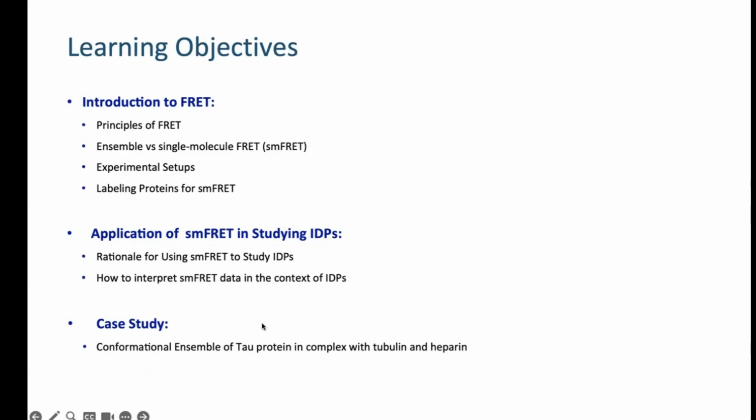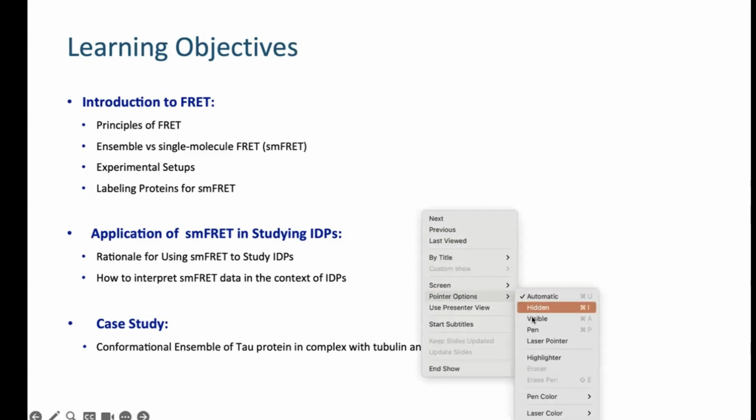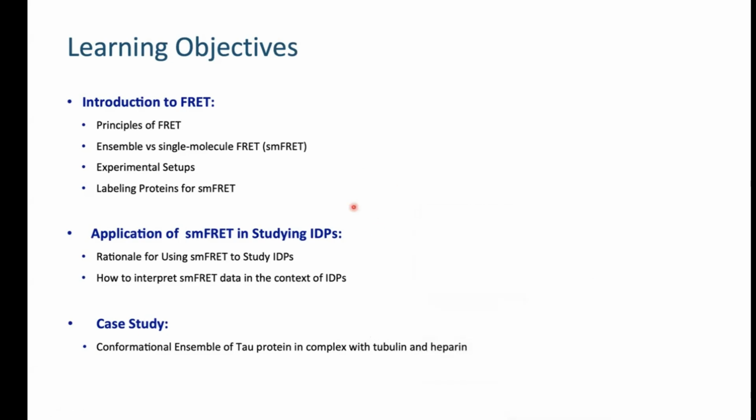In this case, I use single molecule FRET to determine the conformational ensemble of tau in complex with soluble tubulin, its biological partner, and also to contrast, for example, when tau binds to heparin, that is an aggregation inducer, and show how powerful this method is to actually characterize aggregation-prone proteins, in this case, and the functional states. So I will just move my pointer here to make it easier for the training.